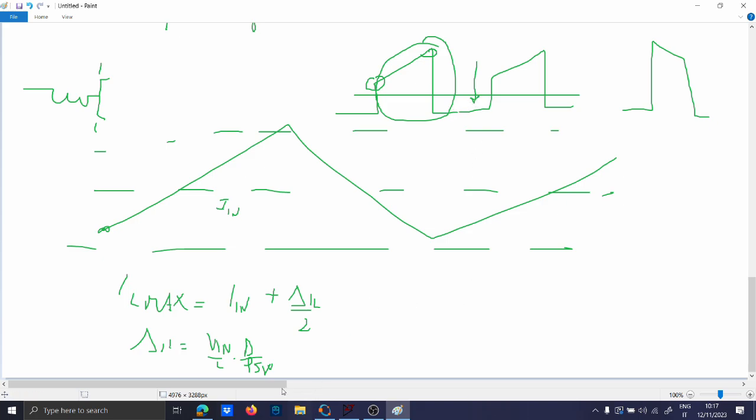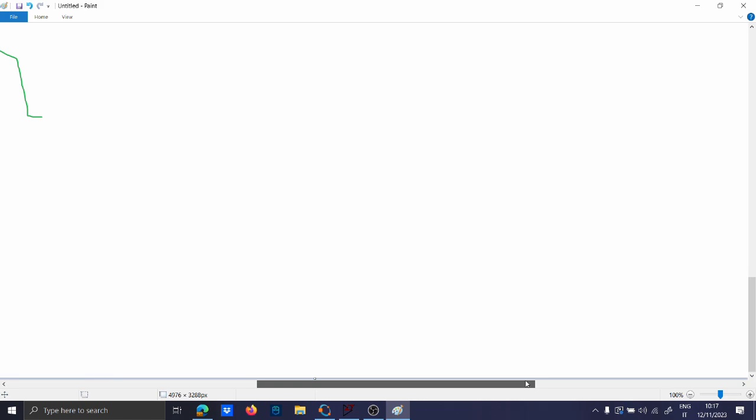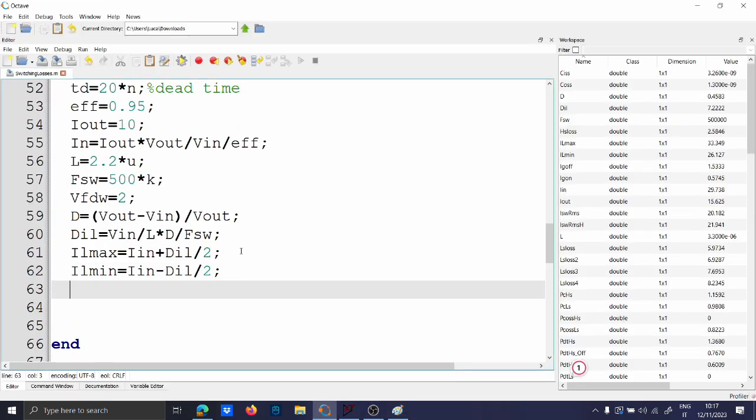So the RMS is given by a not so beautiful formula. It is given by D over 3 times something. I will write it directly here, but you need this.